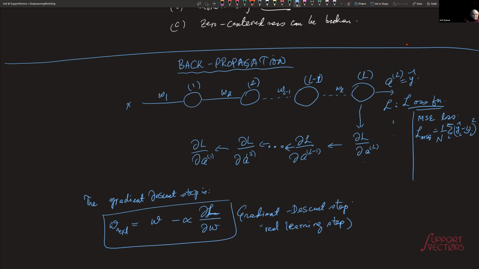Now it turns out, this is what matters. What we care about is this. Now let's look at this guy. It turns out that you can express this in terms of the activation of that particular layer. If you know the gradient of the loss with respect to the activation, you can compute this gradient with respect to W at each layer, because the activation helps you figure this out.